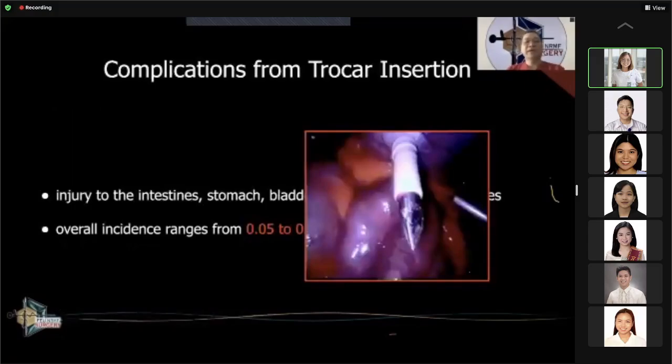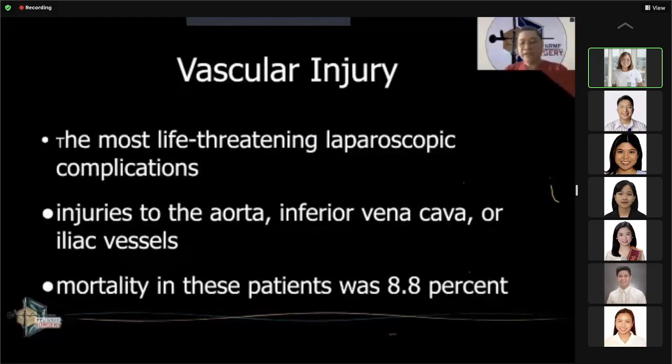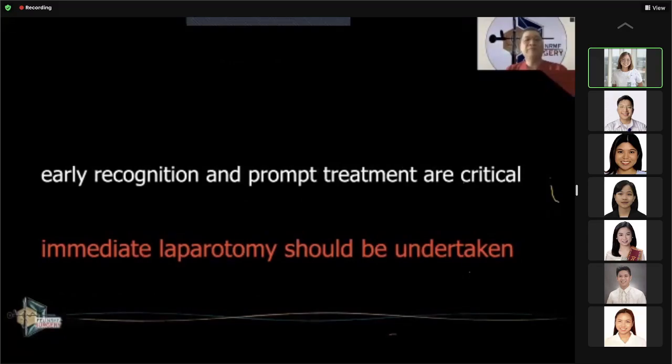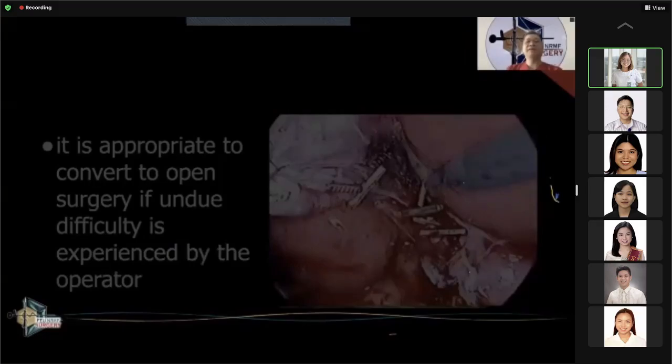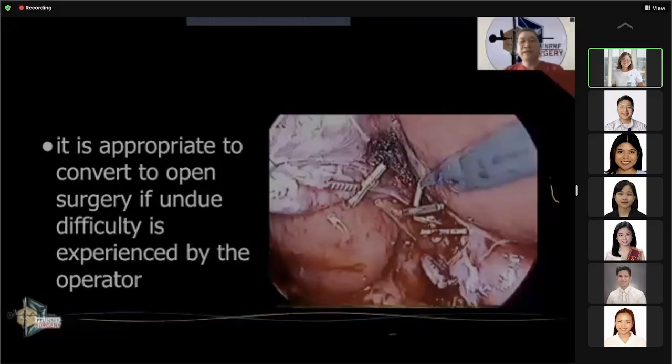So these are trocar injuries. That's why you have to always watch, or have the trocar inserted under direct visualization. The most life-threatening complication is intraoperative bleeding. Therefore, you have to be very careful and recognize it, and an immediate laparotomy must be undertaken if you encounter bleeding during surgery.